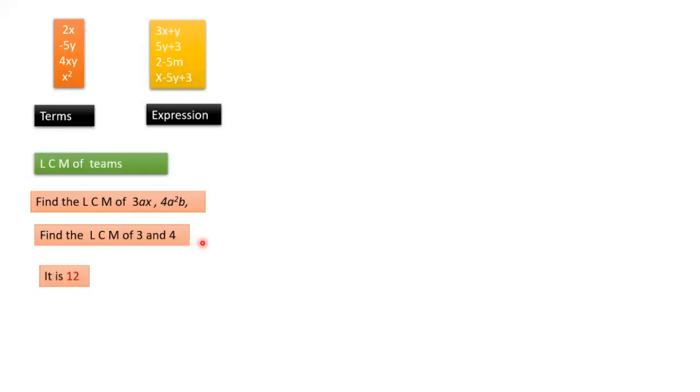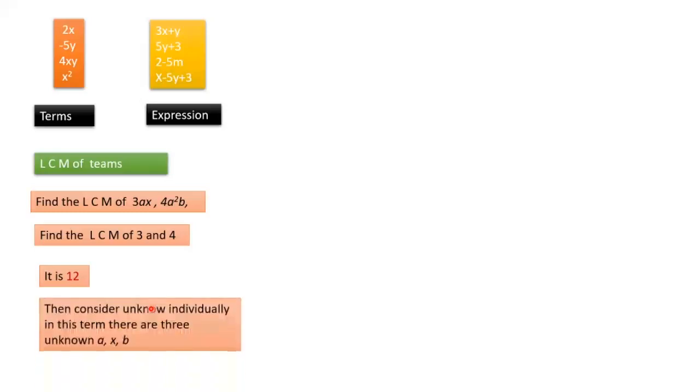Look at this. 3 and 4, you know it is 12. You can use the division method. You can find the multiples of these numbers, or you can go with the factors. I explained three methods to find the LCM of numbers, so through those methods you can find it.